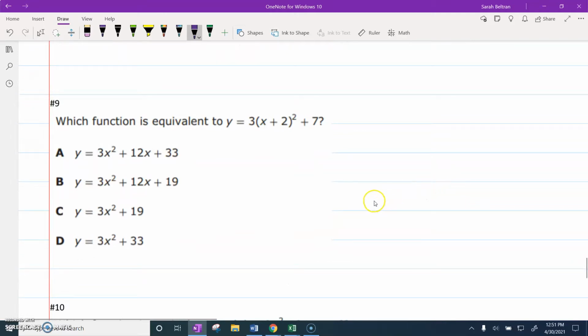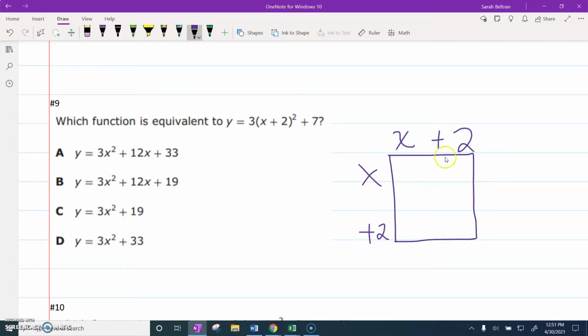Number 9, which function is equivalent to this? There's a couple ways we could do this, but basically you need to expand this out. And so remember, if you want to do x plus 2 squared, that is when that box method came in handy, because we were multiplying polynomials. If the box method helps you, you can totally do that. So you would do x times x, that's x squared, 2 times x, that is 2x, 2 times x, that is 2x, 2 times 2 is 4.